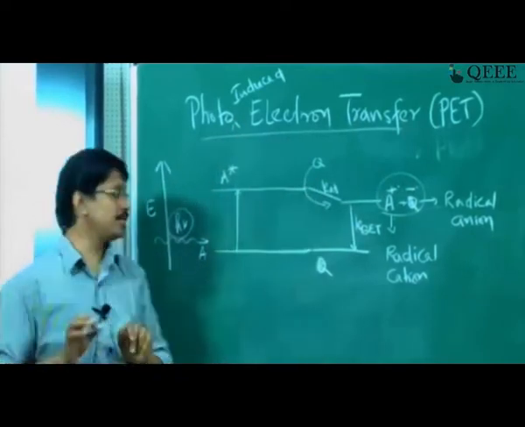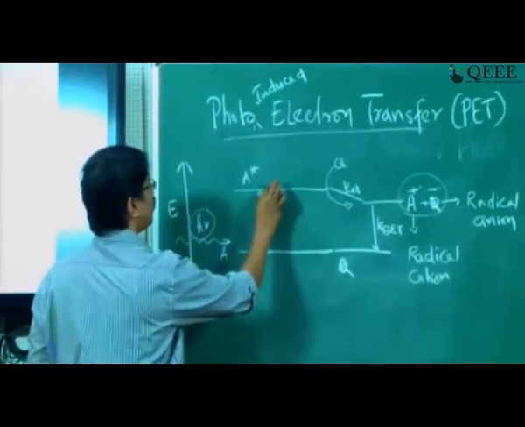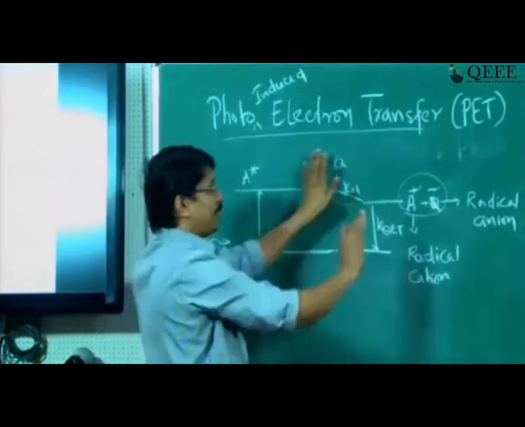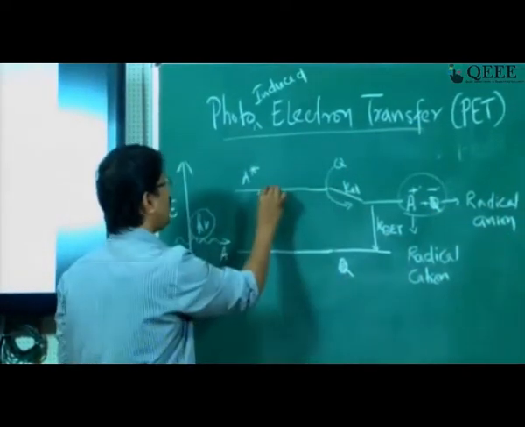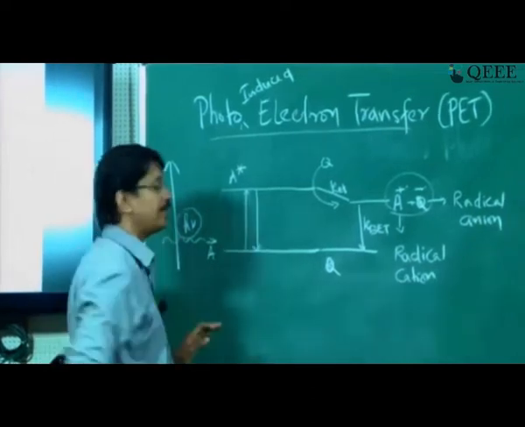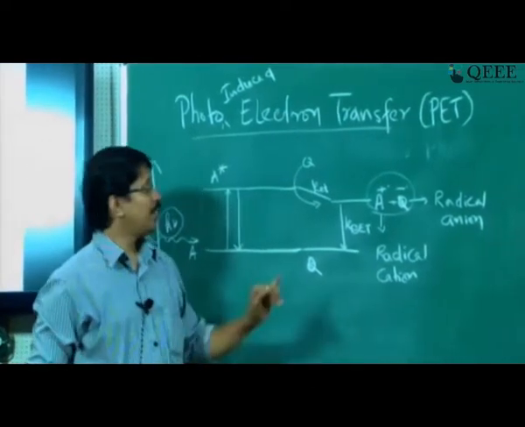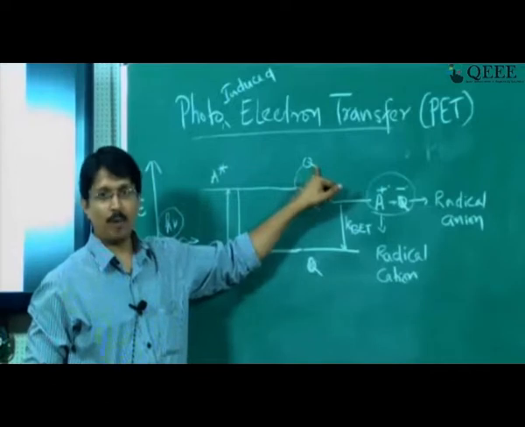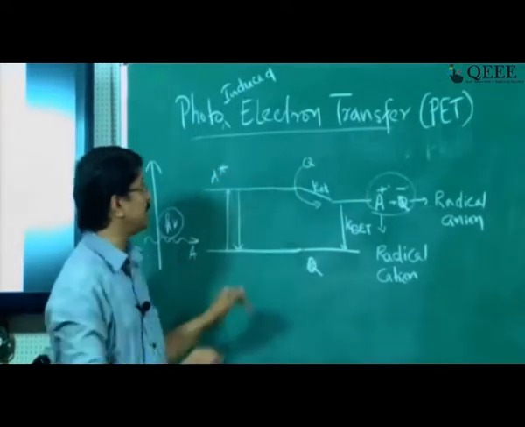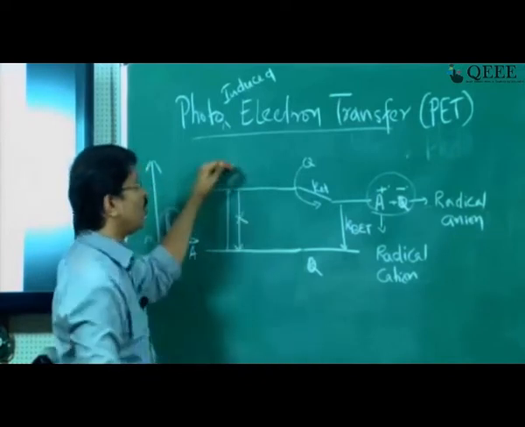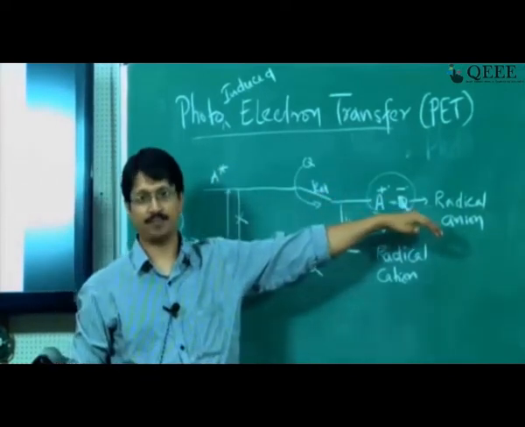But for our focus, what happens to the fluorescence of this one? Assume that this part is not there, there is no quencher. You excite the molecule, and usually it gives the fluorescence back. Now, the moment you add a quencher, it interacts with the fluorophore, and as a result a fraction of the fluorophore will go in this path; there is another channel.